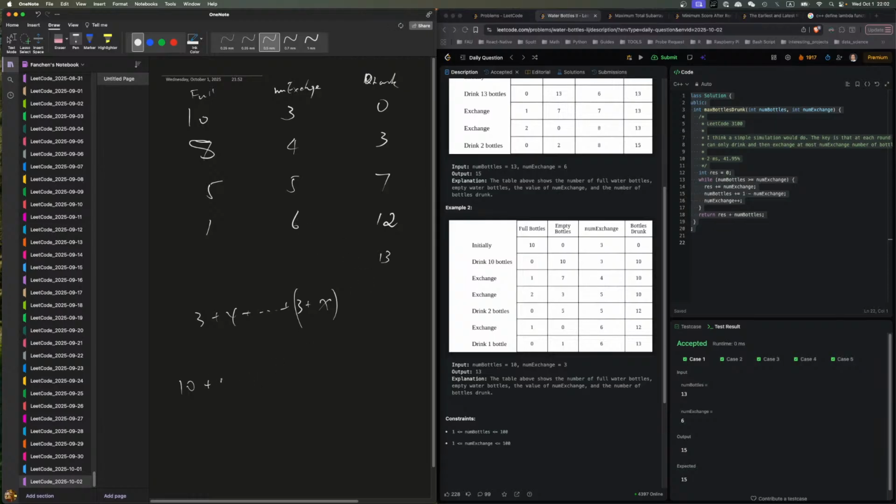So basically this will be plus X. So we want to know at which point this is smaller than 3 plus 4 plus all the way to 3 plus X, because that X value is the maximum you can get, because you cannot keep exchanging. So in this case, it's going to be 3 plus X times X divided by 2.